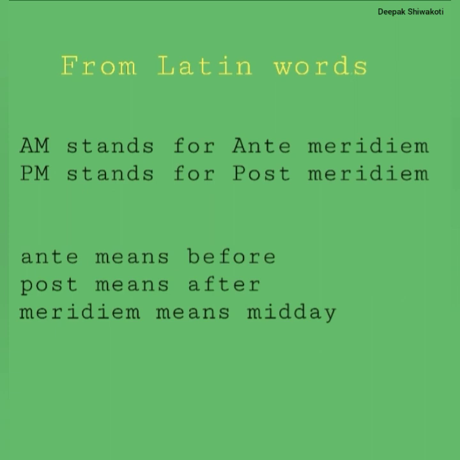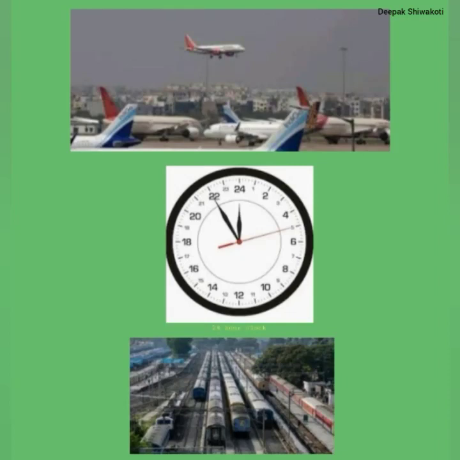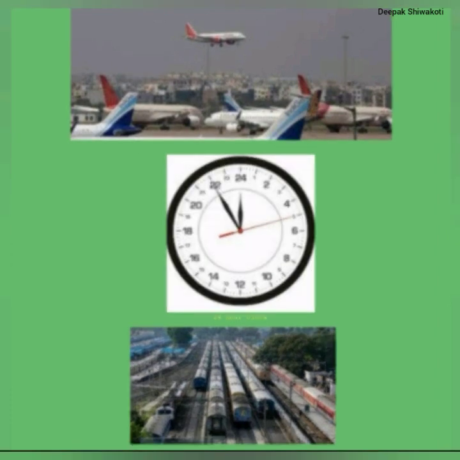Here, AM stands for antemeridiem, PM stands for postmeridiem. Ante means before, post means after, meridiem means midday. These are words of Latin language. We use 24-hour clock to prevent confusions of AM and PM, and in 24-hour clock, same time is not repeated.